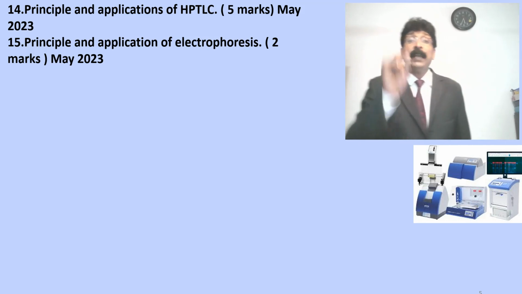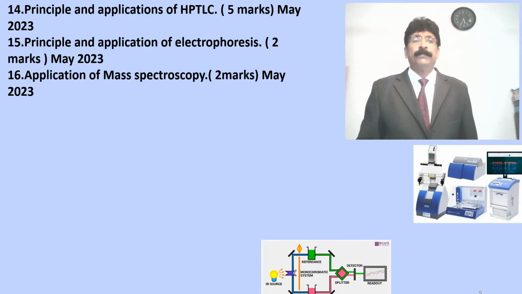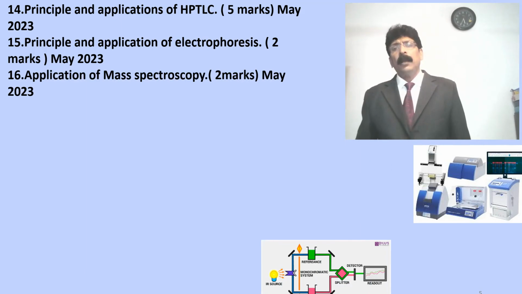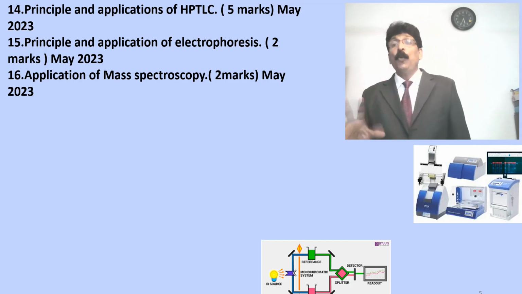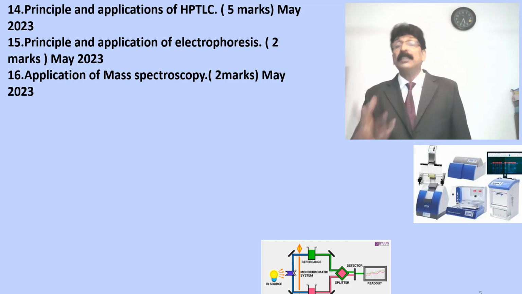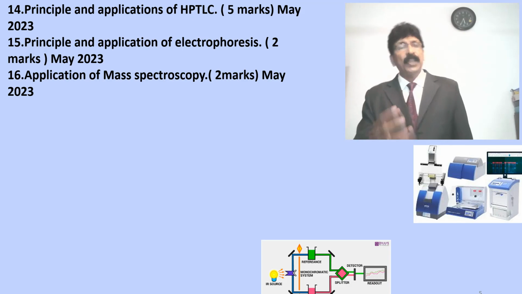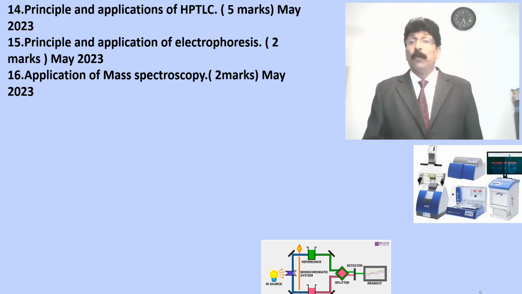Principle and application of electrophoresis, 2-mark question, May 2023. Application of mass spectroscopy: by means of ionization of the molecules, you will have a detector which can detect by means of electromagnetic force, or electric generation by means of the ions, the daughter ions, and what the mass number of the particular compound is can be identified.